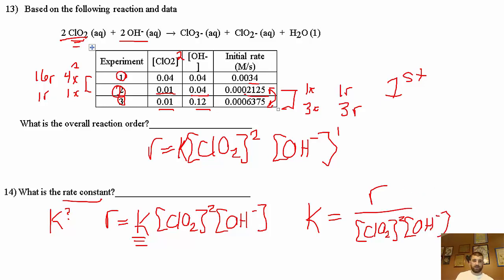So now I just plug in these numbers, 0.04 for both of them and 0.0034 for the R, and I get K equals 53.125, and the units on that are going to be molar to -2 times seconds to the -1.